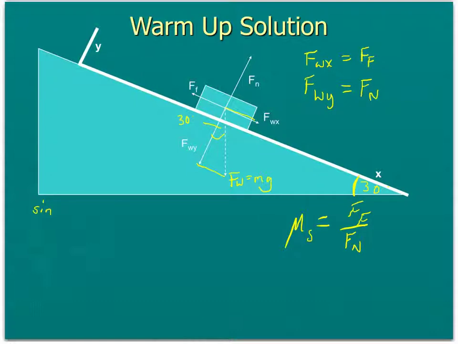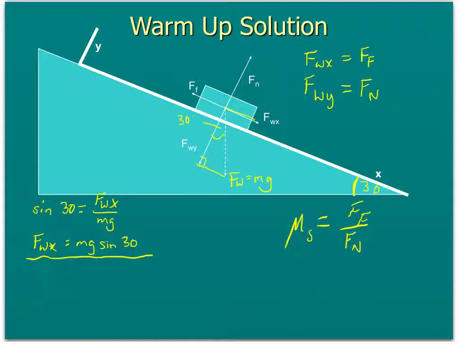FW is the hypotenuse because here's the right angle. So the sine of 30 is equal to the opposite, which would be FWX over our FW. Since I know FW is equal to mg, I'm going to substitute that in. I can rearrange this to solve for FWX so that it's equal to mg sine of 30.